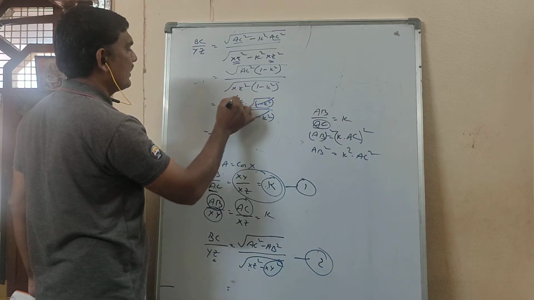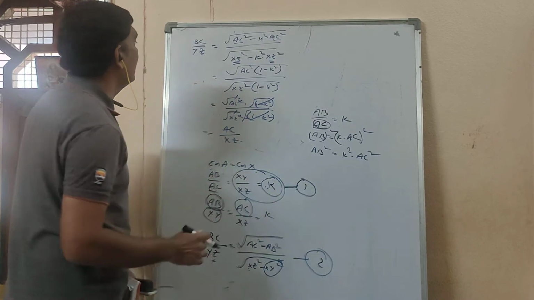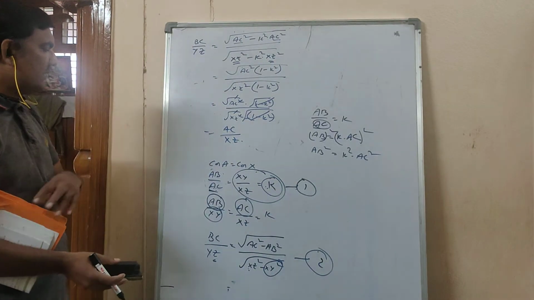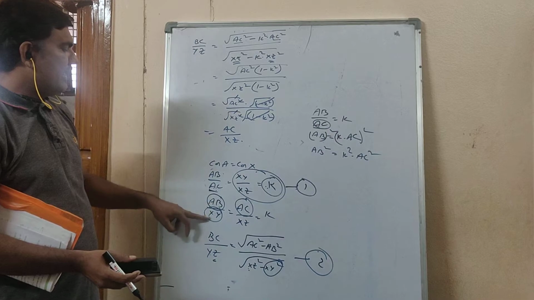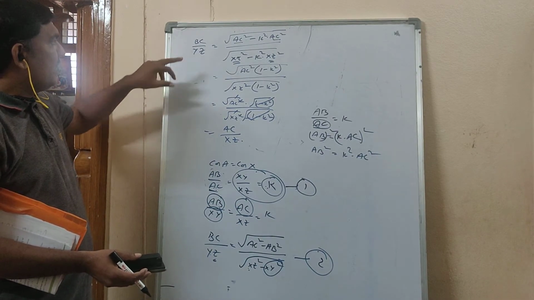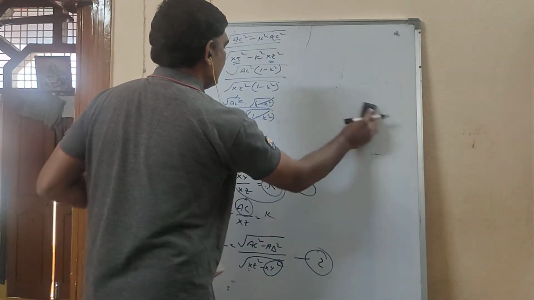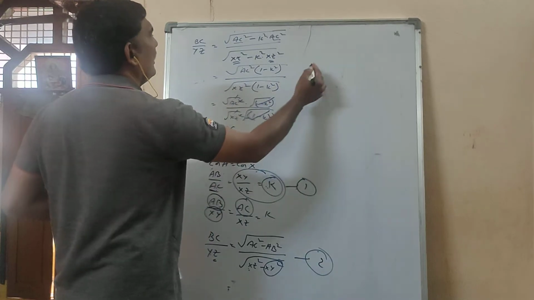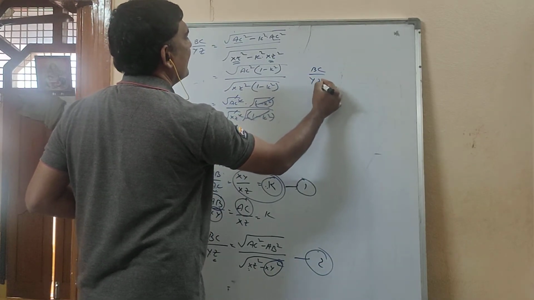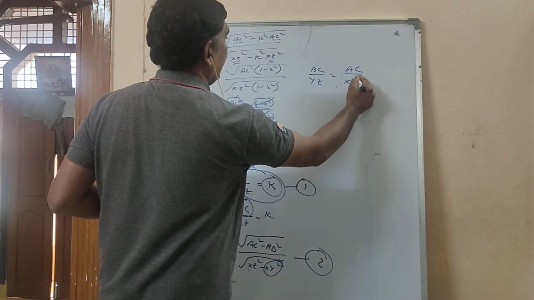Square is there, square root cancelled. What you have here? AC by xz. So what you got is AB by xy is equal to AC by xz is equal to, what you got here? BC by YZ.